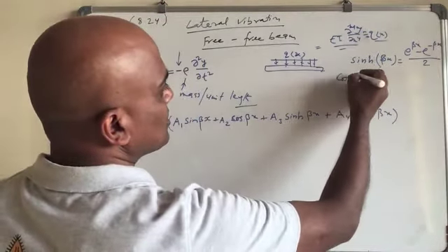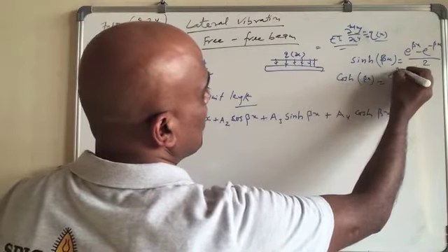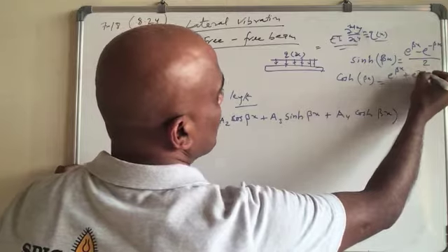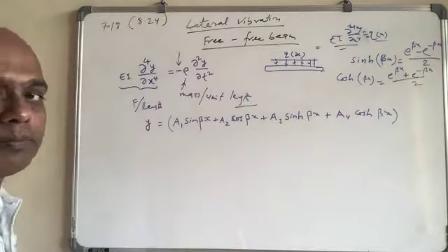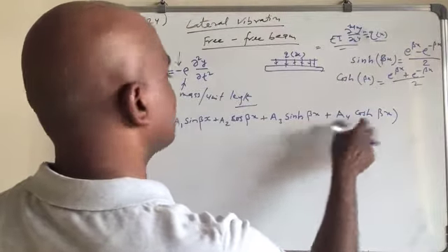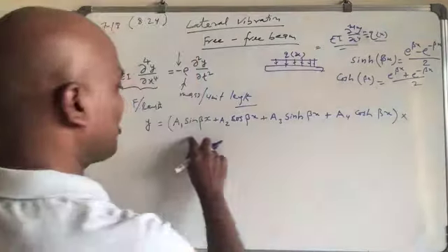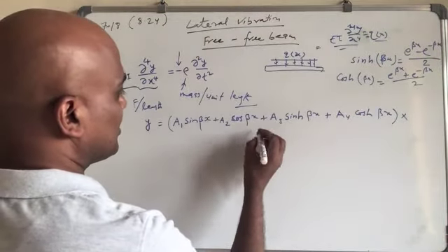And cos hyperbolic beta x is equal to e to the power beta x plus e to the power minus beta x, divided by 2. So this is the exponential term being introduced here. This whole thing is P(x), and then the Q(t) term is also there.